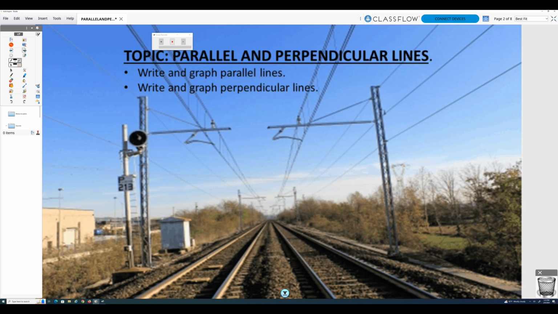Write equations of parallel and perpendicular lines. In a future video, we will go over graphing linear equations in two variables.